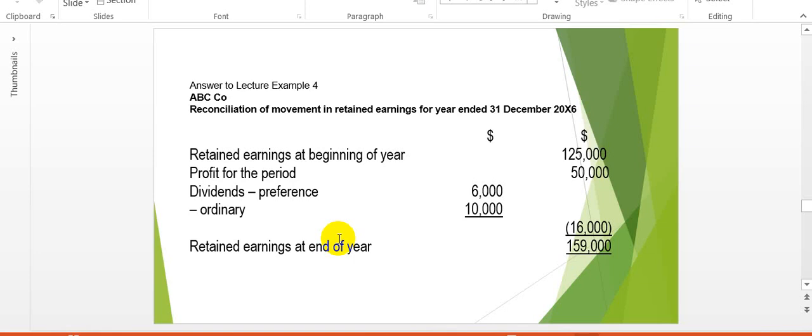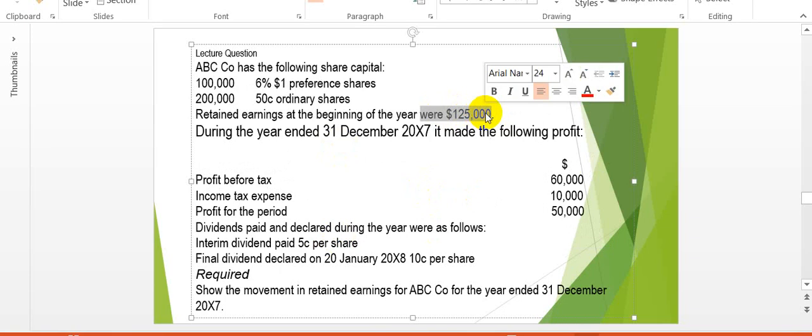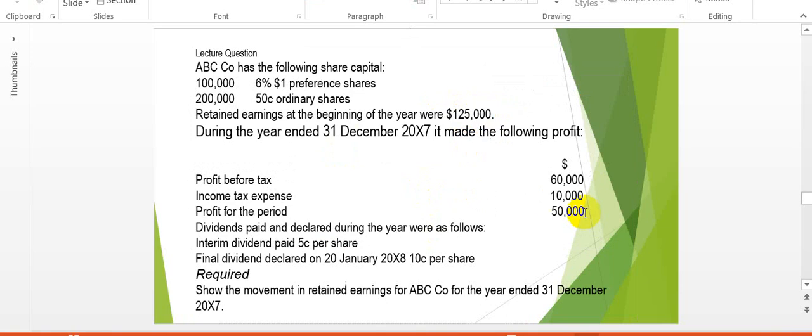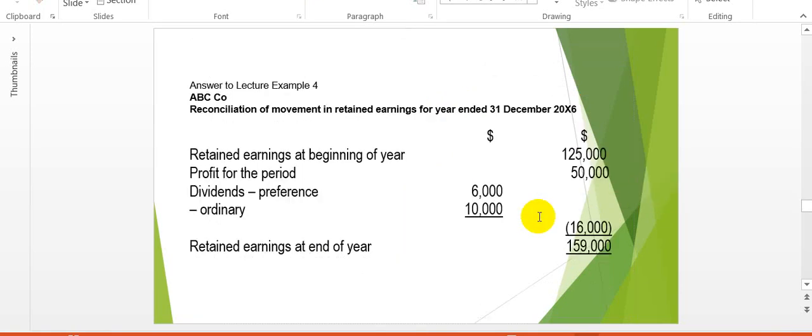So our retained earnings at the beginning of the year was 125. Then in the current year we've made a profit of 50. So this profit goes and joins the retained earnings, so 125 plus 50.